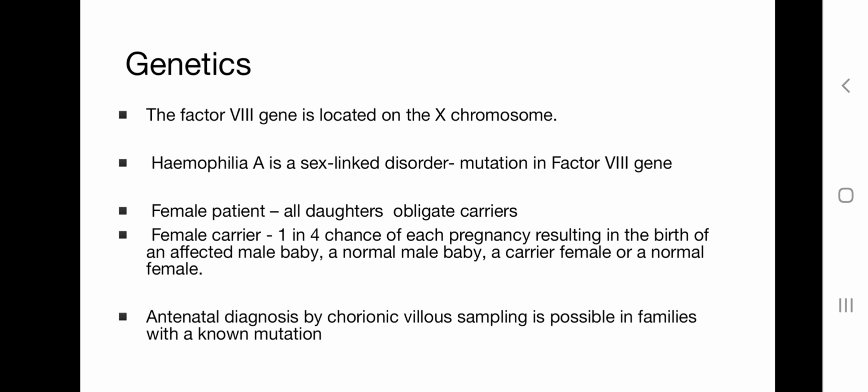In the case of a female carrier, there is a 1 in 4 chance of each pregnancy resulting in the birth of an affected male baby, a normal male baby, a carrier female, or a normal female. So there is a 25% chance of the progeny being an affected male, a normal male, a carrier female, or a normal female.